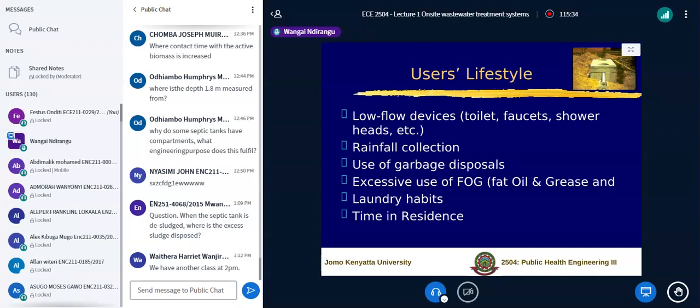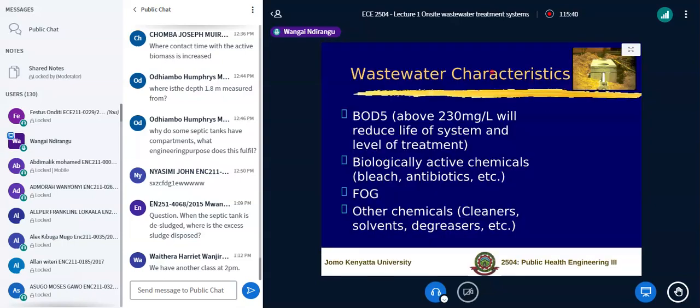So long and short, as I said, it requires a lot of good professional input to work well. The other thing is the characteristics of the water. Generally speaking, we saw that any water that has more than 250 milligram BOD tends to be a bit strong, and maybe between 250 and 350 is medium. 150 and below is low strength water.